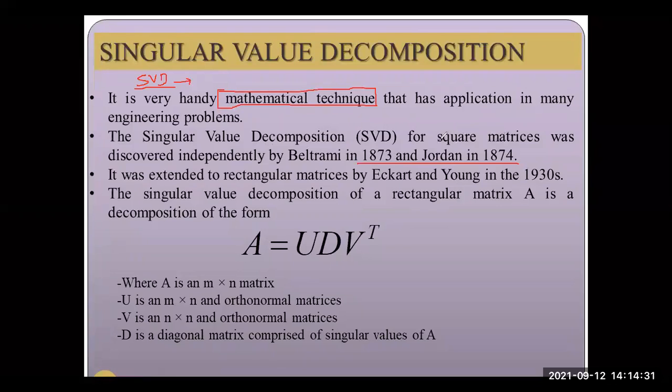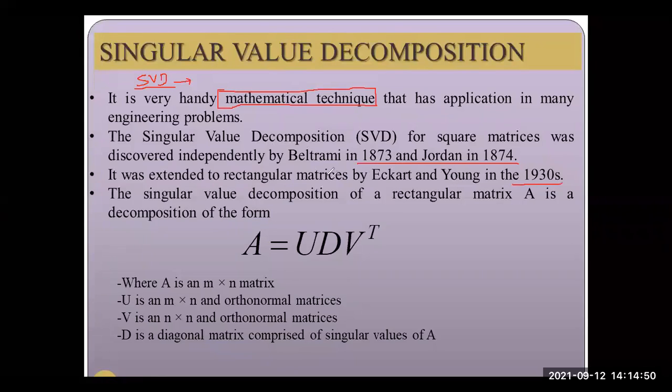This technique is not useful for any other matrix which is not square. But in the 1930s, Eckart and Young, two scientists, proposed this SVD algorithm for the rectangular matrix also.